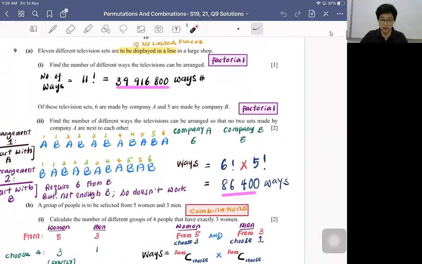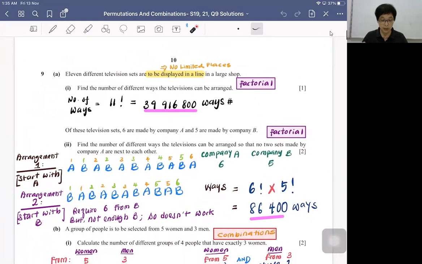Okay, let's read the question. This is from question 9, part A. 11 different television sets are to be displayed in a line in a large shop. Do you notice that they say 11 different televisions to be displayed in a line?